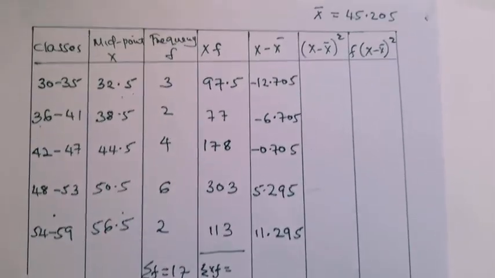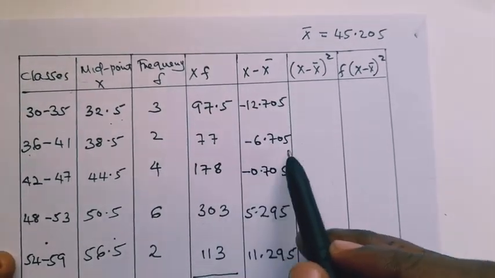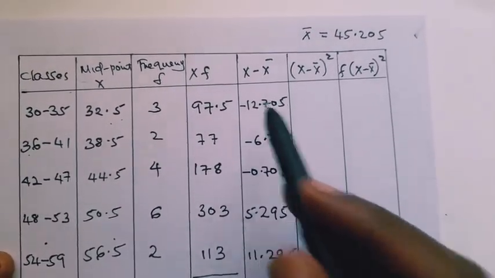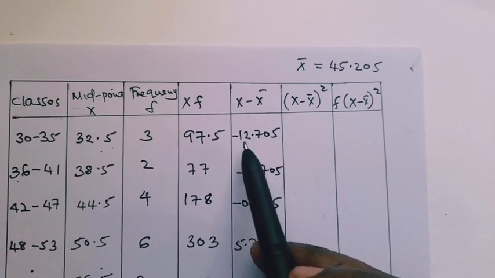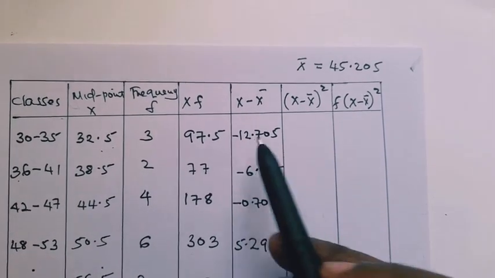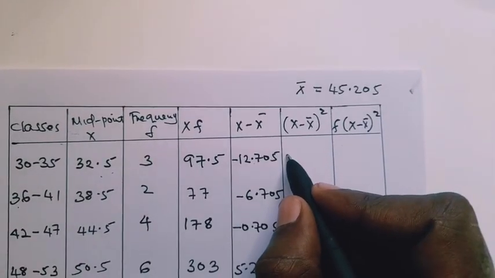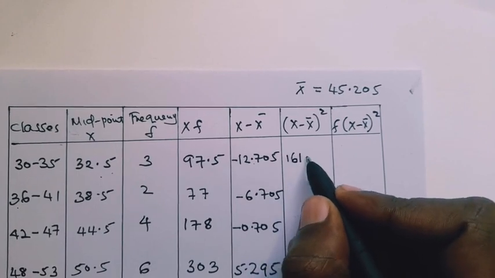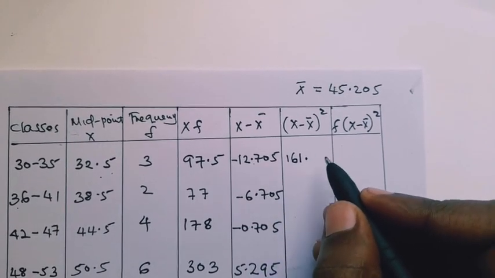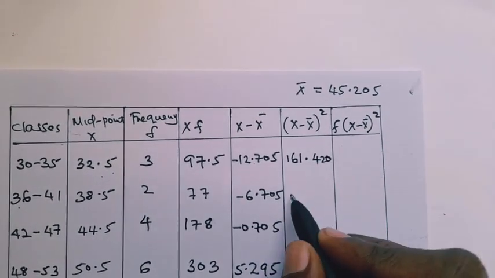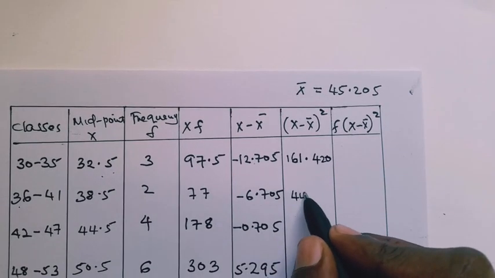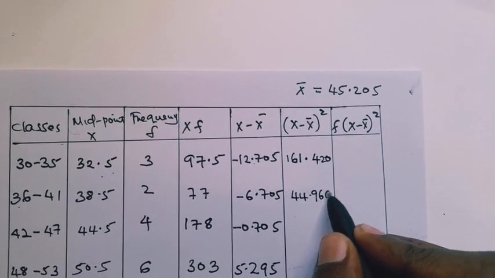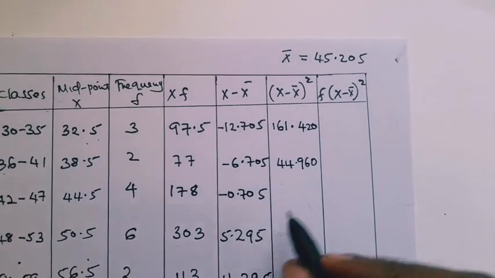Now the next column is the squares of the mean deviations. So this one squared, we square this, it gives you 161.420. This one gives you 44.960. I'm just using a calculator, which you can confirm.